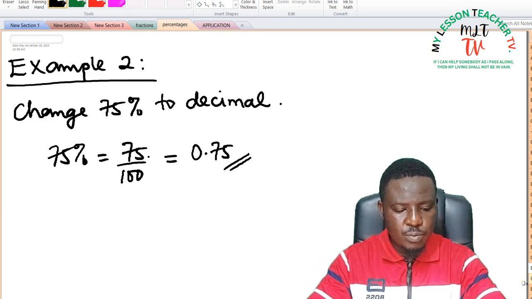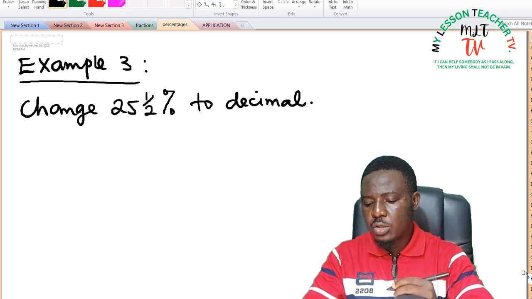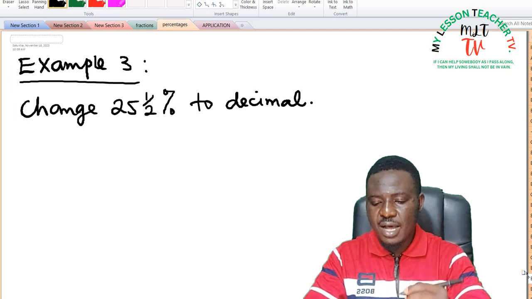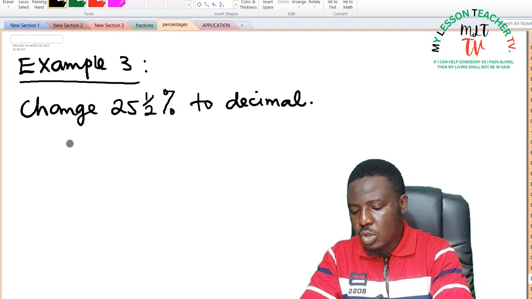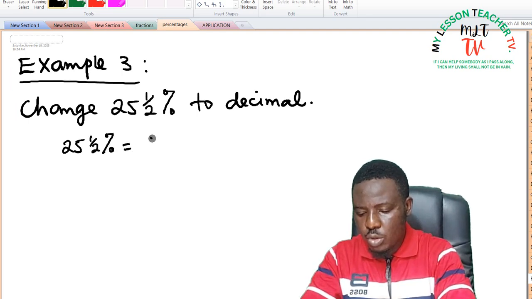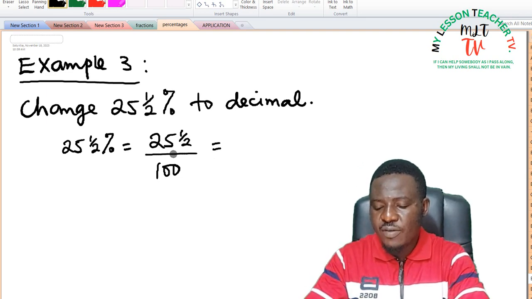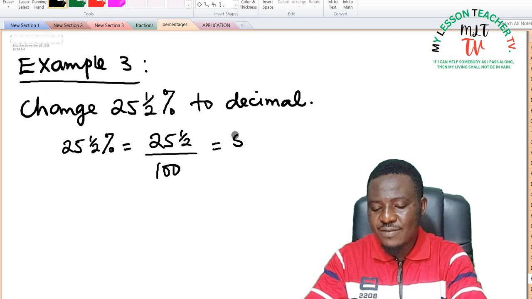Let's take another example. Example 3. You are to change 25.5% to decimals. So we have it at 25.5% is equal to 25.5 divided by 100, and this is equal to 25 times 2 is said to be 50 plus 1 is 51.